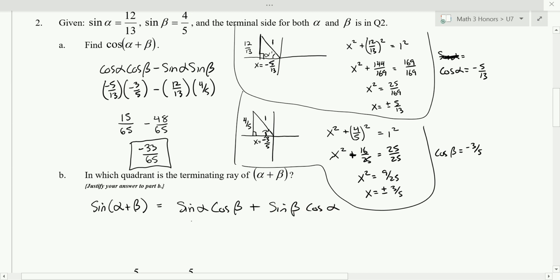So sine of alpha is 12 over 13. Cosine of beta is negative 3/5. Sine of beta is 4/5. And cosine of alpha is negative 5 over 13.